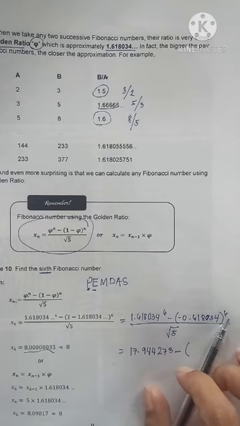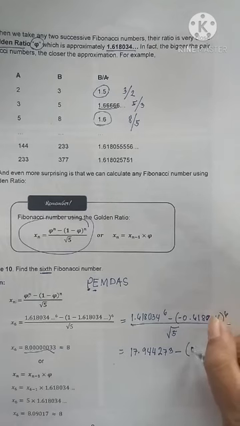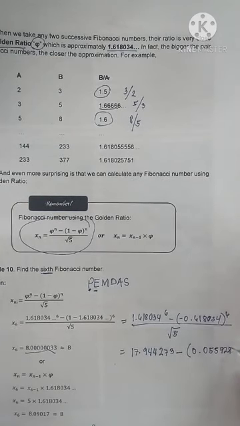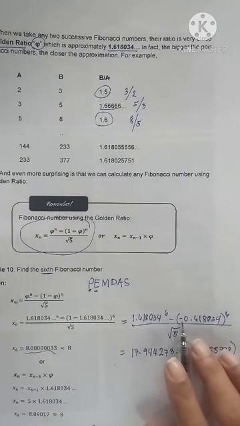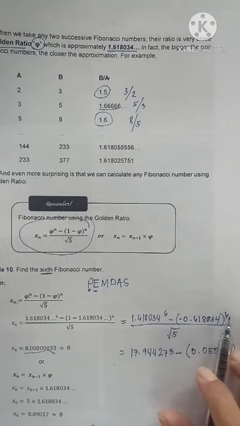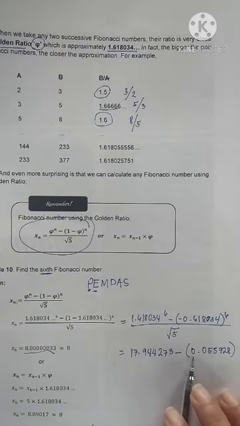What will be the answer? It will become positive 0.055728. Let's just use 6 digits in the decimals. Again, this becomes positive. Look at the exponent. It is an even number. So if our exponent is an even number, automatically our answer will be positive.